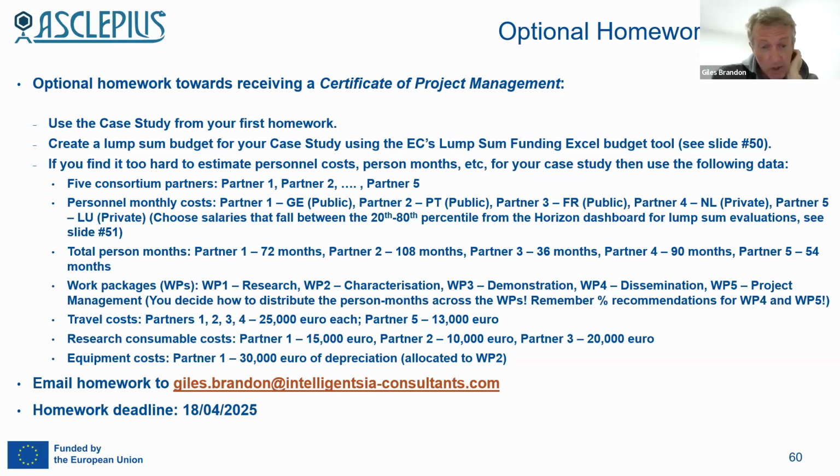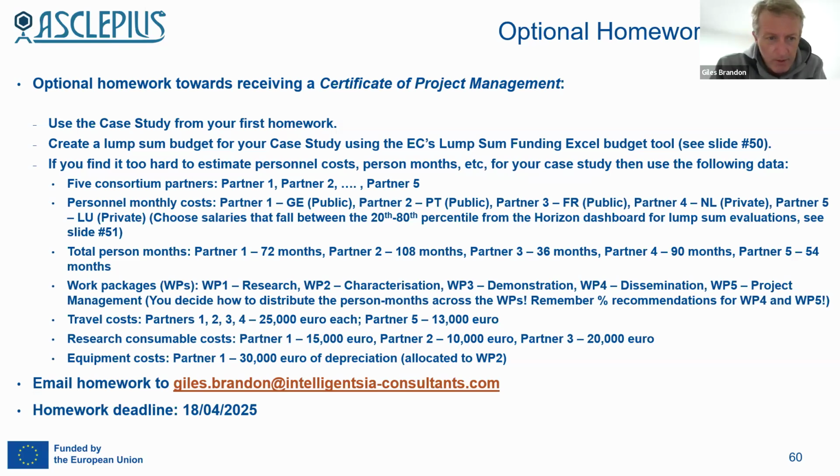Partner 1, let's assume, is a Georgian public one. Partner 2 is a Portuguese public research organization, and so on and so forth. Please choose salaries that fall between the 20th and 80th percentile from the Horizon dashboard. So go back to my slide 51, go and check that dashboard. That'll get you familiar with using that tool and being aware of person month rates.